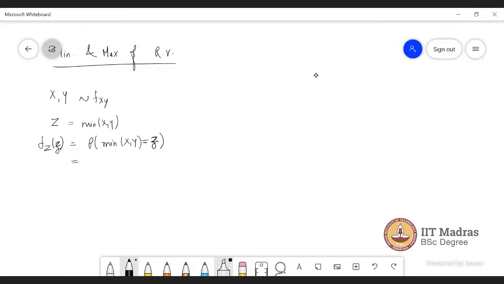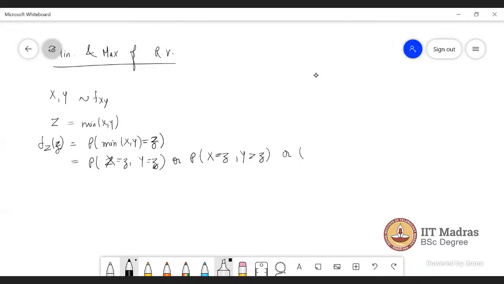So what is meant by minimum of x, y equals z? Either both x and y are taking the value z, or x is taking the value z, and since it is the minimum of 2 random variables, y should take a value greater than z.